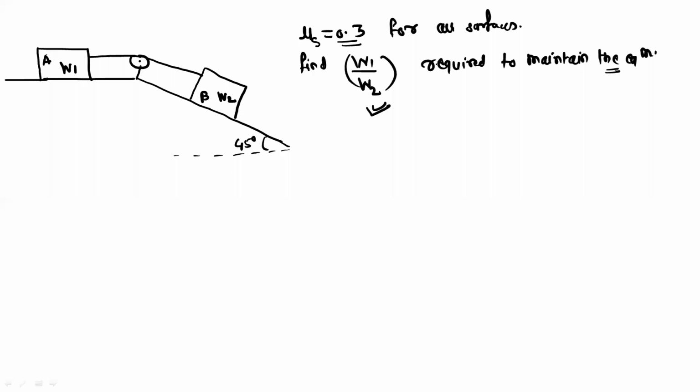Can you tell me what the impending motion for this system is? For W1 is it on the right side, and for W2 on the downward direction along the plane? Which is the correct direction?